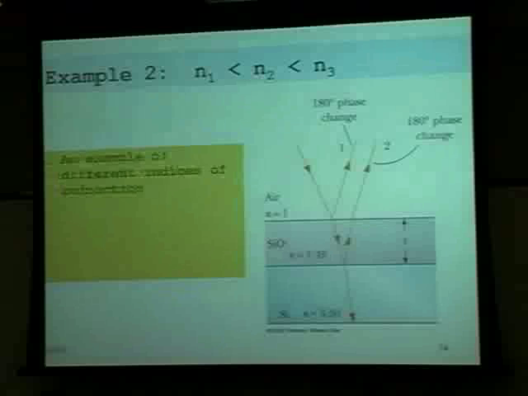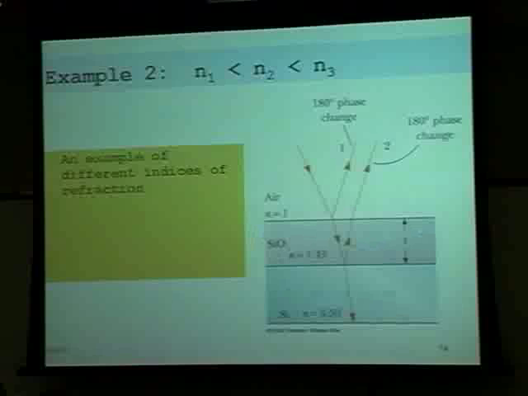Here's an example of that latter case. Here I have a film of silicon oxide on silicon to try to minimize possibly reflections off the solar detector. And I'm going from air to a higher index to an even higher index.